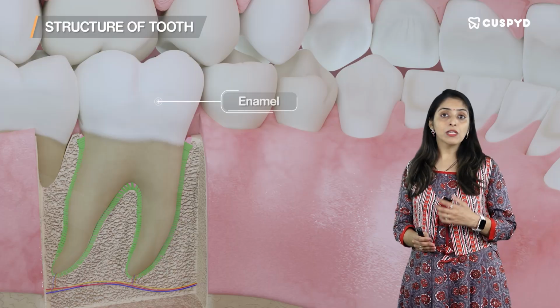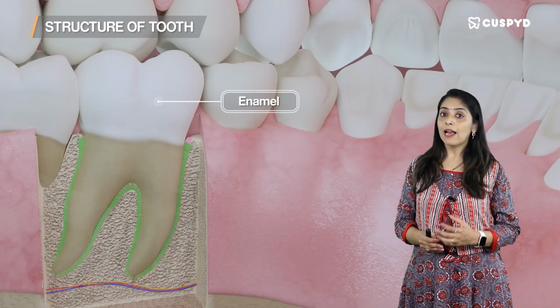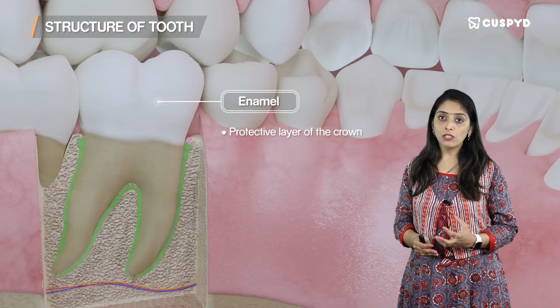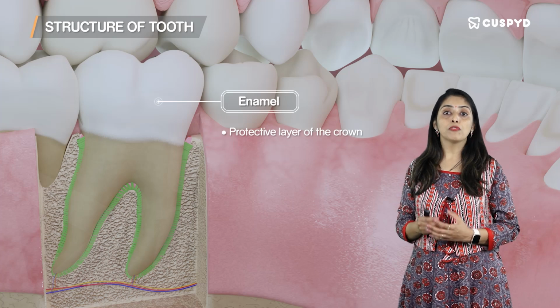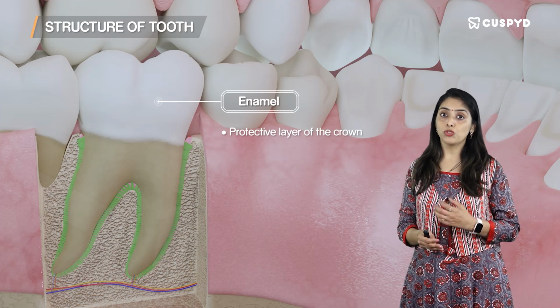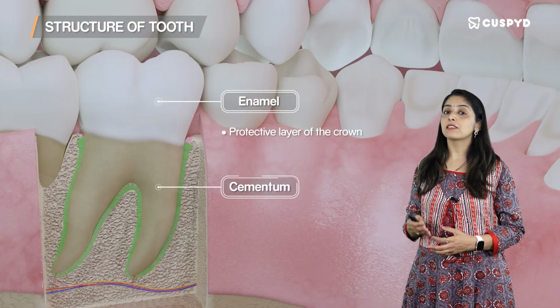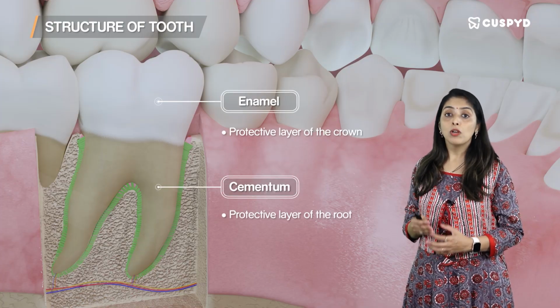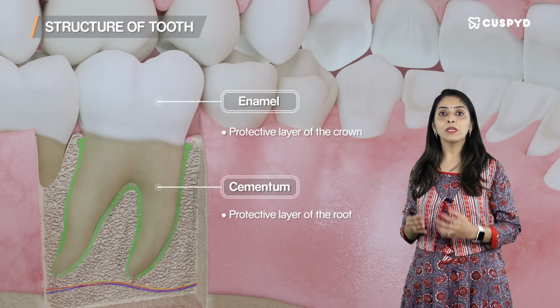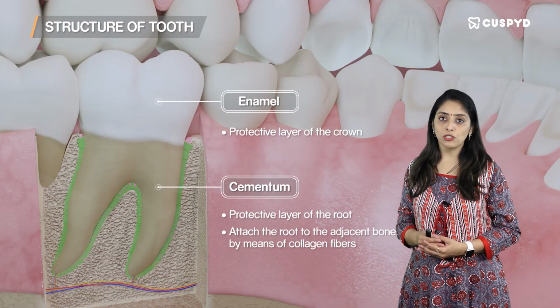Just like enamel covers the crown of a tooth and acts as a protective covering for the crown, preventing the tooth from breaking or helping you to chew even hard food, similarly, cementum acts as a protective layer of the root, protecting the root and helping attach it to the adjacent bone.